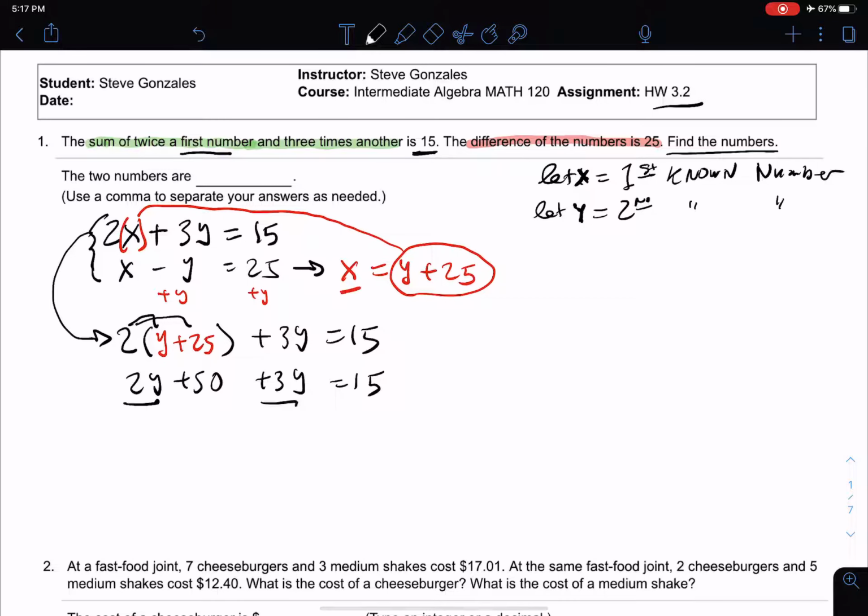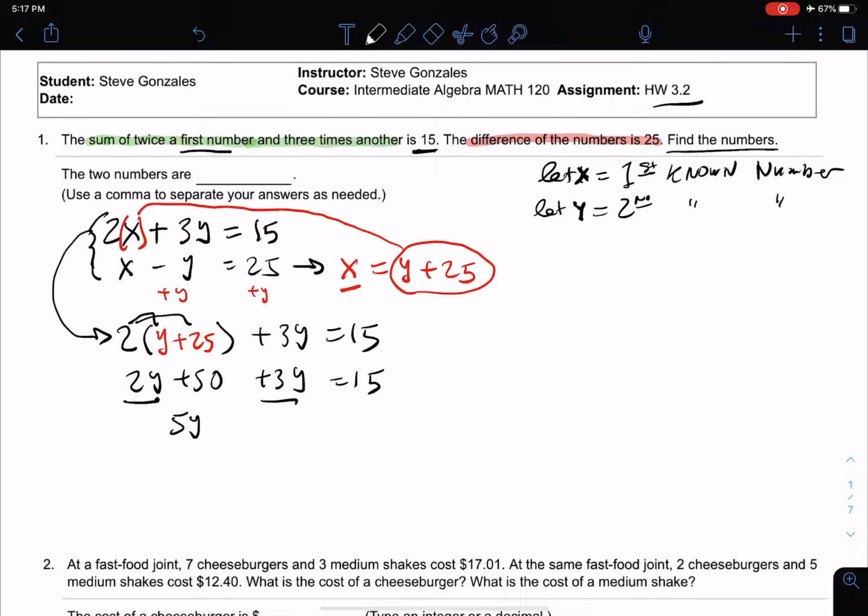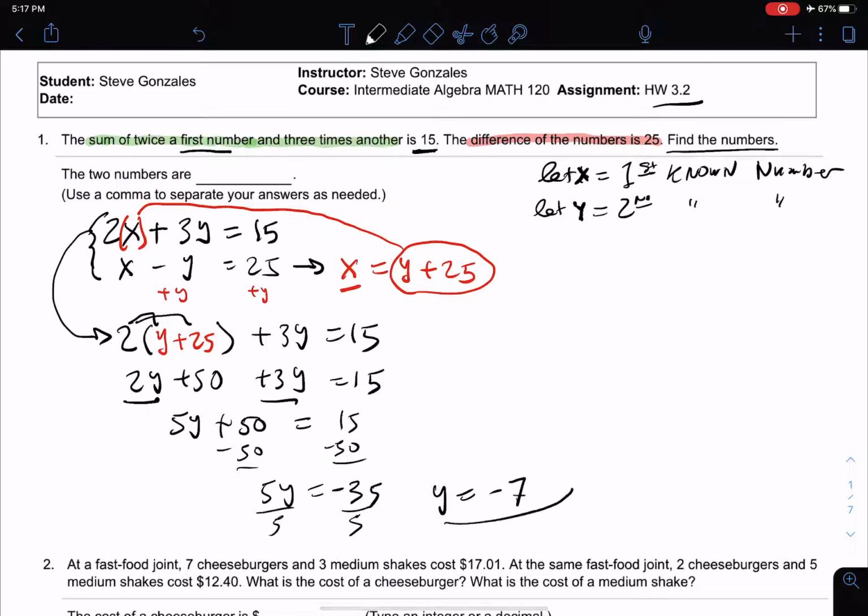So we combine like terms to make 5y plus 50 equals 15. Subtract 50 off of both sides, and 5y equals negative 35. And finally divide by 5, I get y equals negative 7.